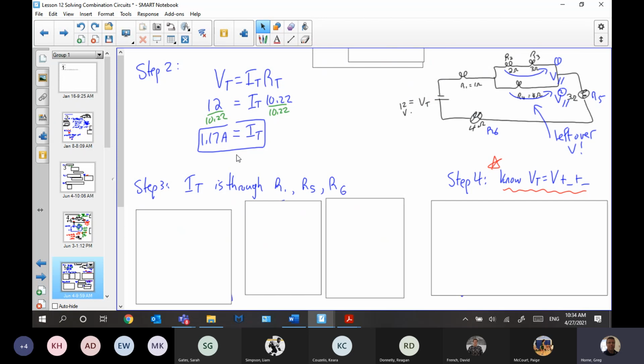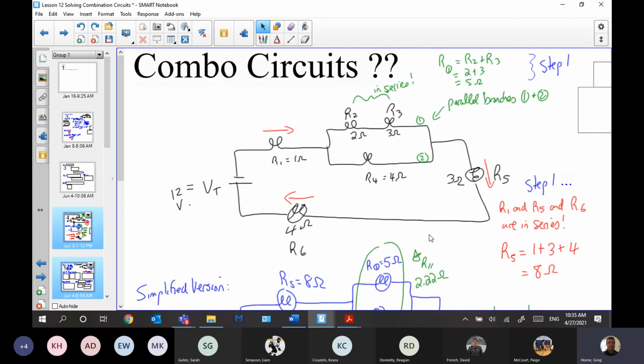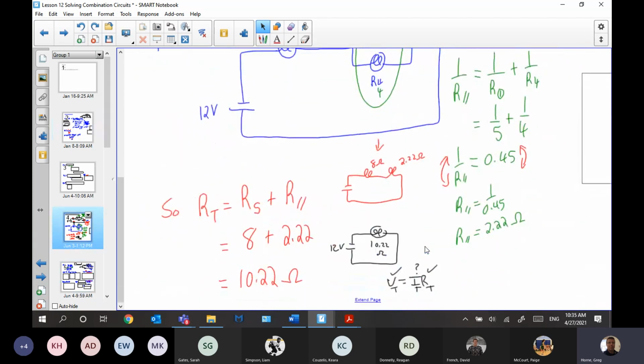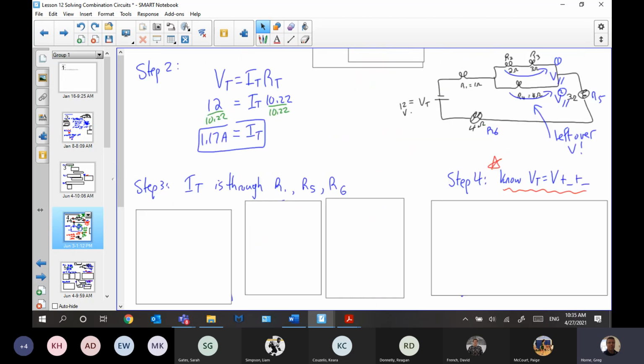My calculator has an STO for store. So if I do a number like the 12, well, even actually the 10.22, that number might have been rounded anyway, right? 1 divided by 0.45 gives me 2.22222, right? So I'm going to use the 10.2222222 when I do the actual calculation here.